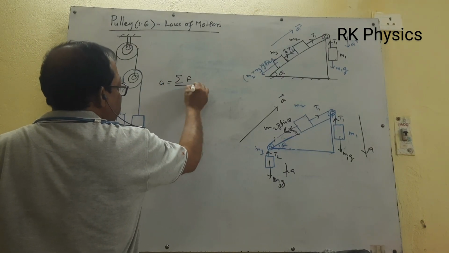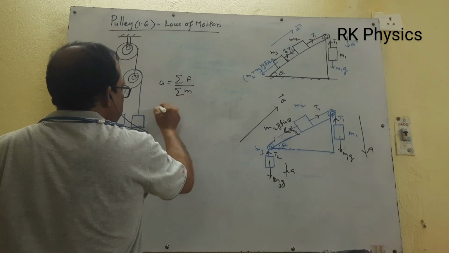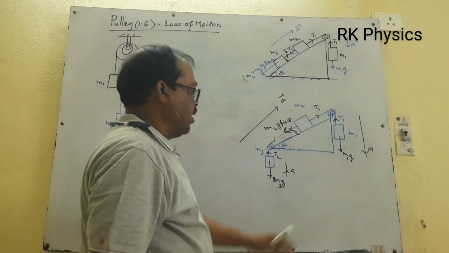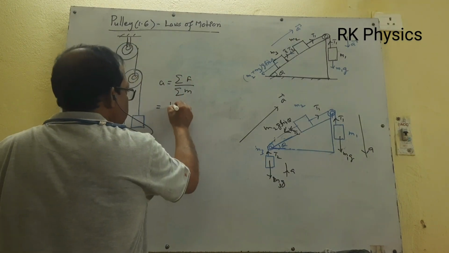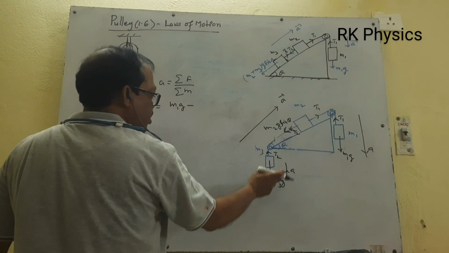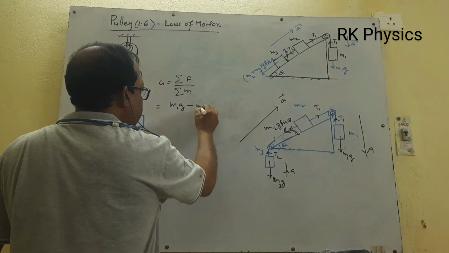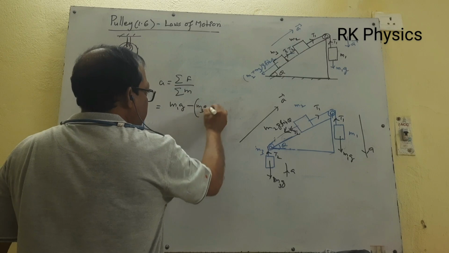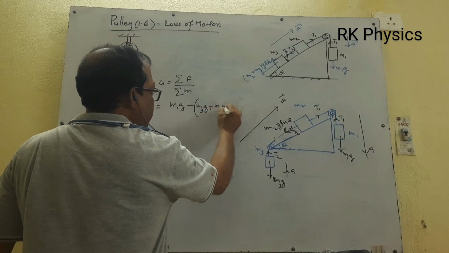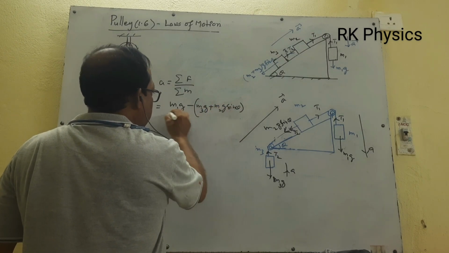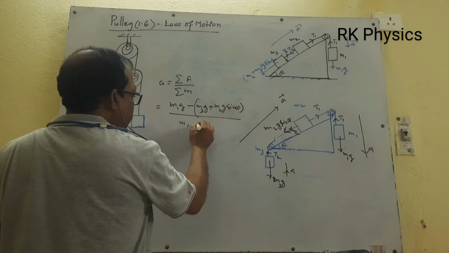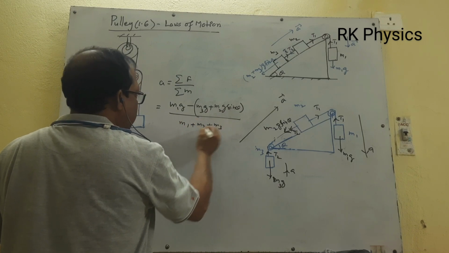Same principle: resultant force divided by total mass of the system. The resultant force is M1 g minus these two, that is M3 g plus M2 g sin theta, whole divided by M1 plus M2 plus M3.